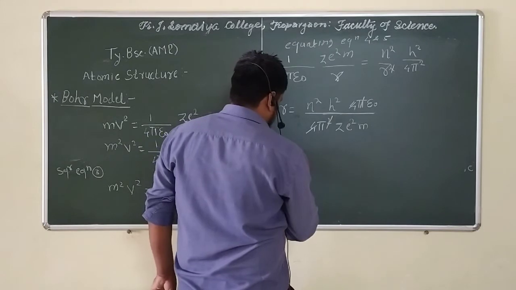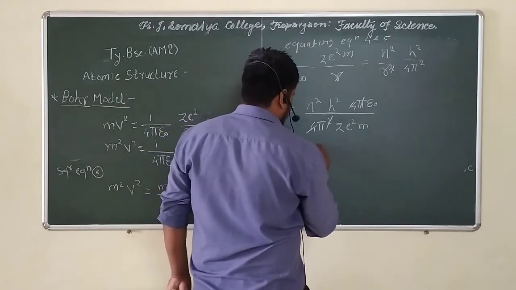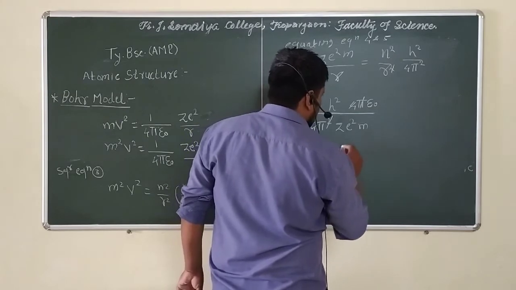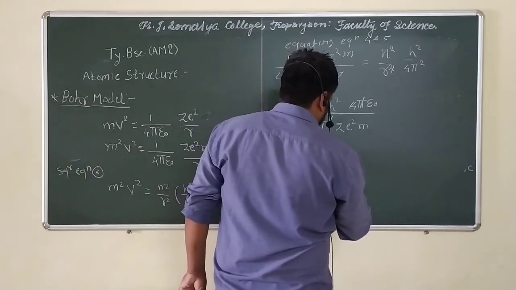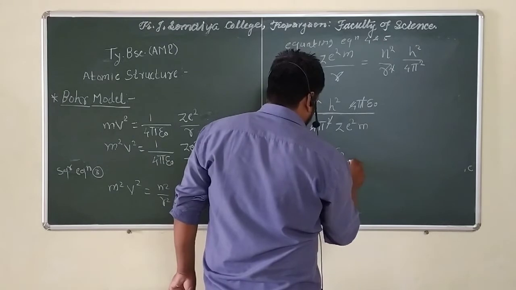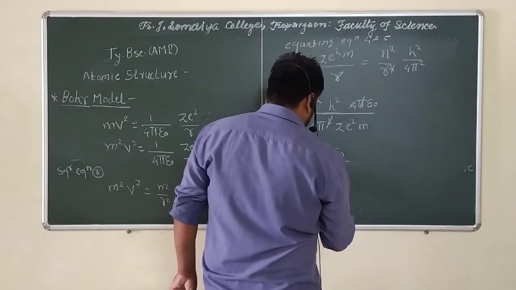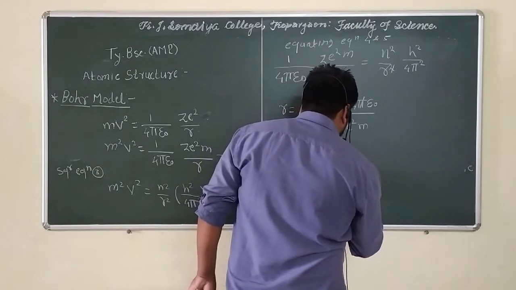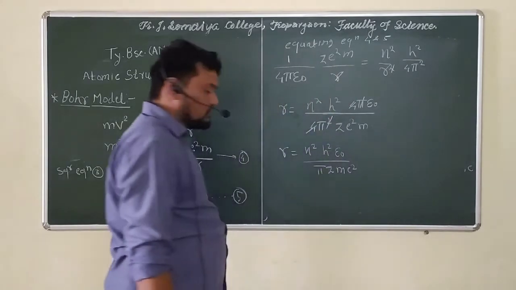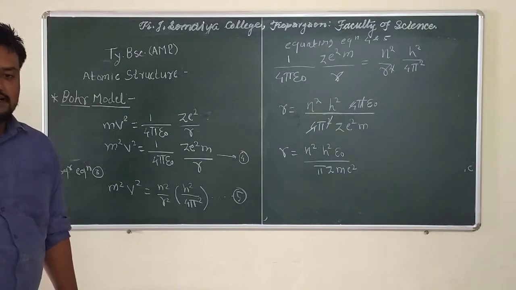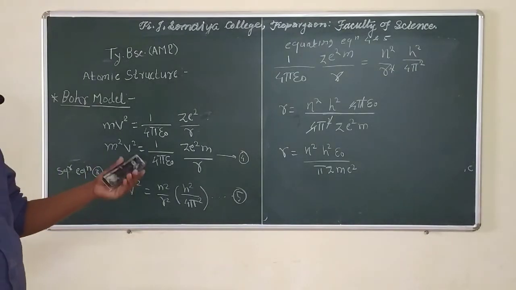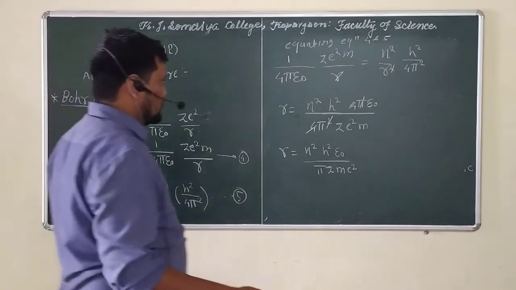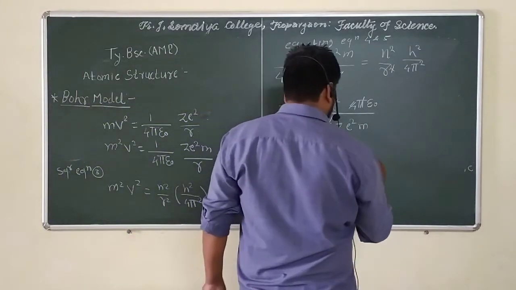So r is equal to n square h square epsilon naught divided by pi z m e square. So the remaining r factor is epsilon naught n square h square divided by pi z m e square. This is equation number 6.